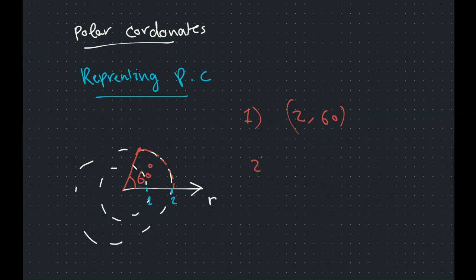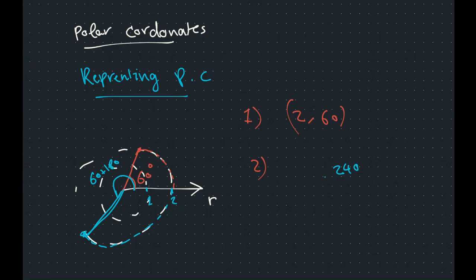But we can also represent it in another way. If we draw, for example, another point that is here, that is directly opposite to this one, and also add a radius of length 2, but at a different angle, right? This angle is 60 plus 180, of course. So 60 plus 180 is 240.